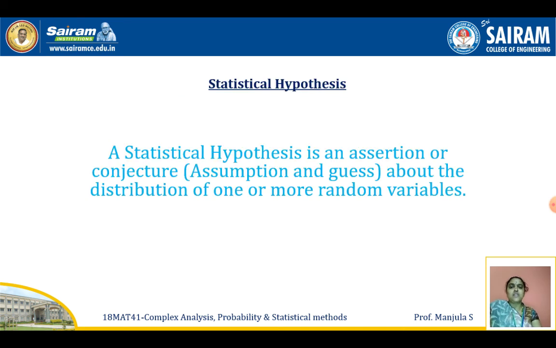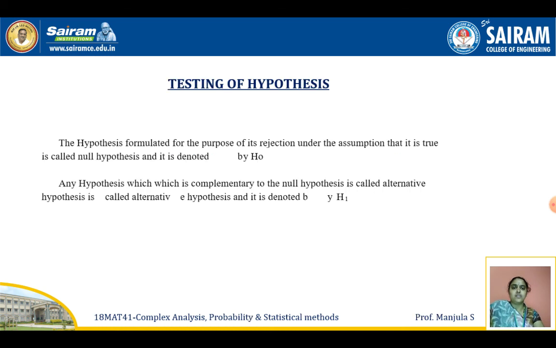The next one is statistical hypothesis. What is meant by hypothesis? A hypothesis is just a statement. A statistical hypothesis is an assertion or conjecture about the distribution of one or more random variables. How to test this hypothesis?